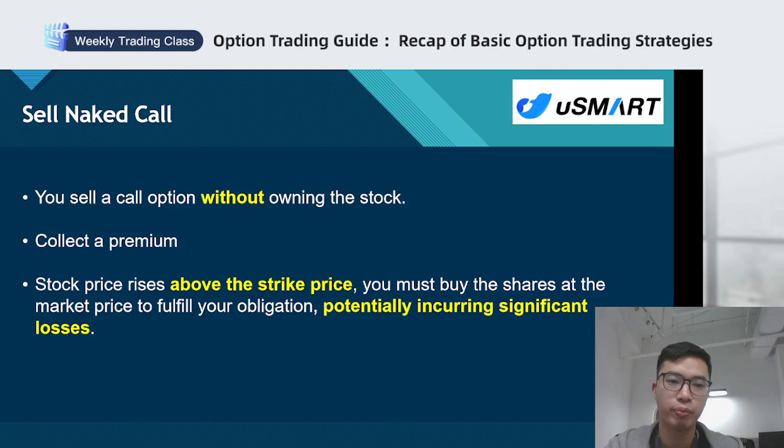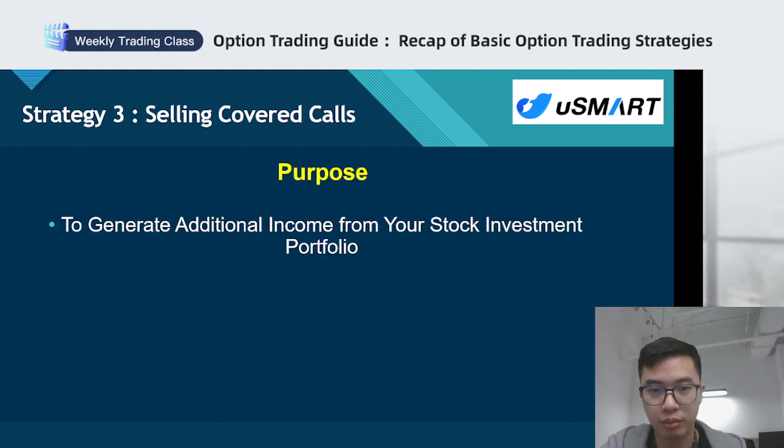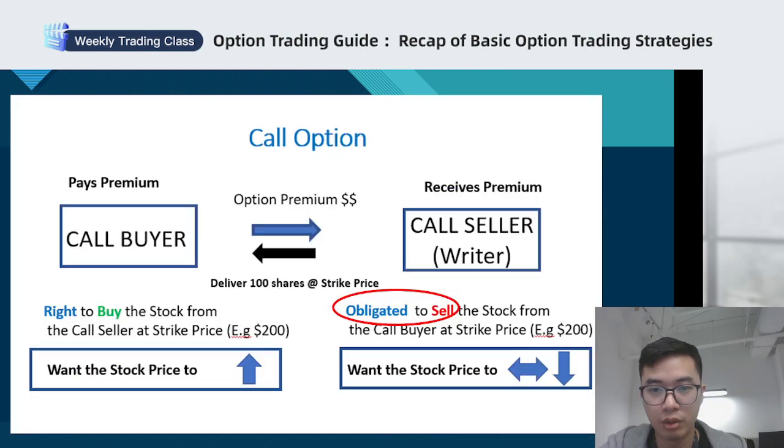It's because when you become a seller, your loss is unlimited because you don't own any shares. What is our obligation? Obligated to sell the stocks to the call buyer at the strike price.